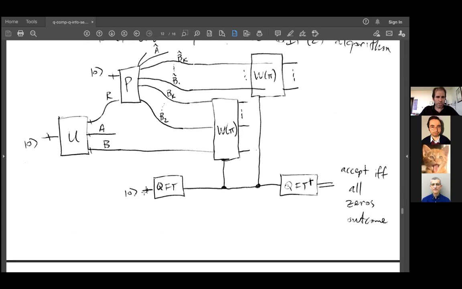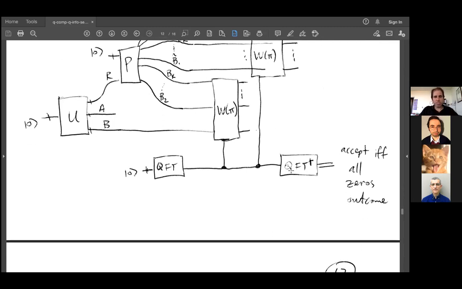So what's going on here is that we do a quantum Fourier transform to prepare the state in a uniform superposition of all possible permutations. And then controlled on the value of the permutation, we do this W pi. And we do the same here on these ones, okay? Then we do the inverse quantum Fourier transform, and we accept if and only if the all zeros outcome occurs.